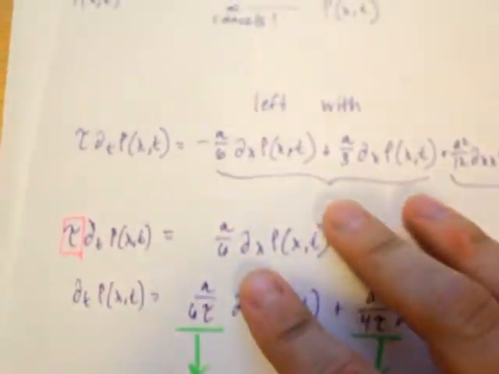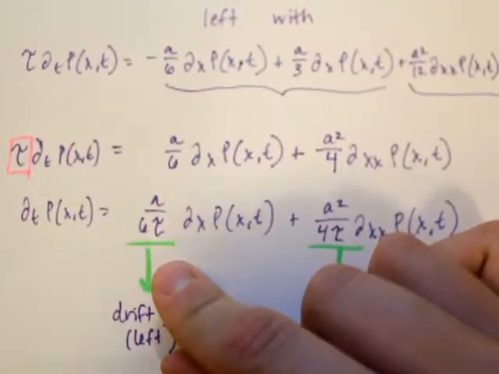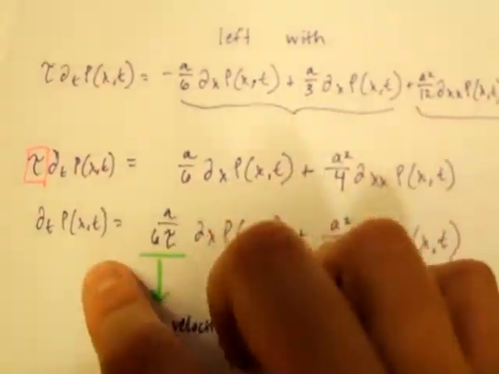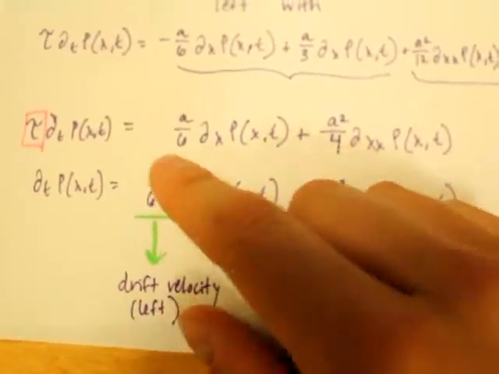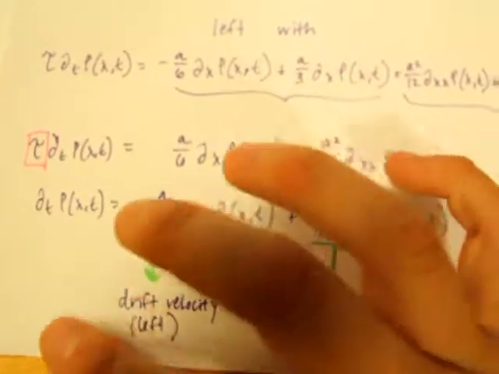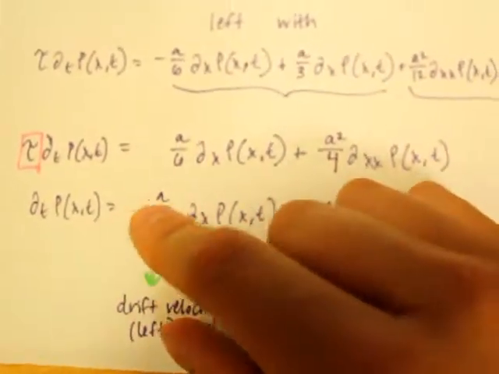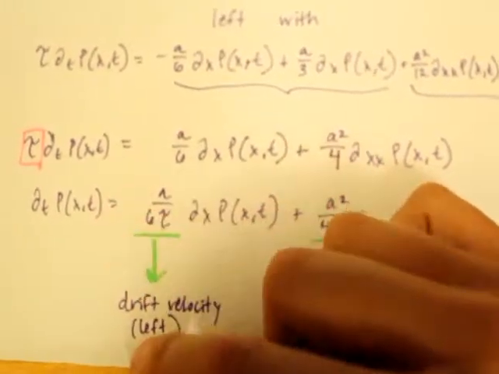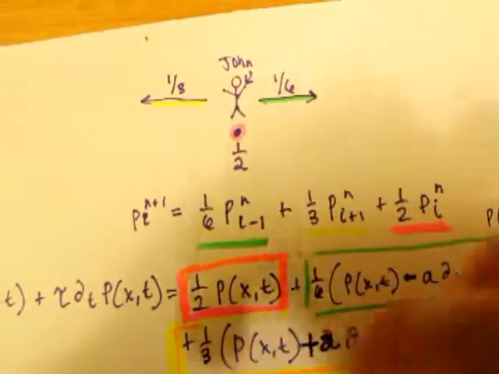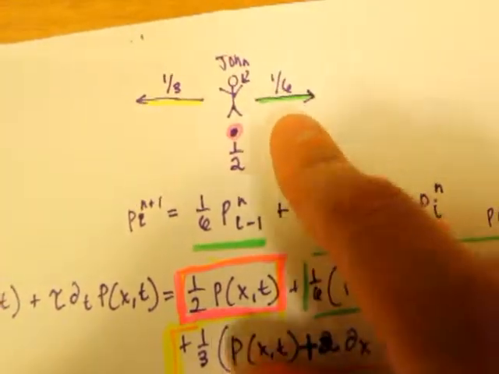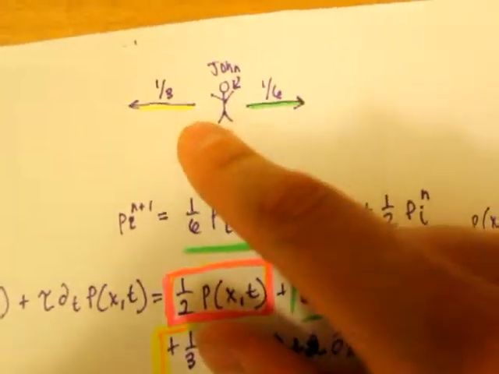That may be contrary to what you're thinking, but remember that if he's moving left, he's coming from the right. And so this drift velocity is going to the left. This is in contrast to the example in the midterm, when we had a negative coefficient up here, and we knew it was going to the right. So this is just an example of how we can figure out exactly what the drift velocity and the diffusion constant are for any sort of random walker situation. Thanks.